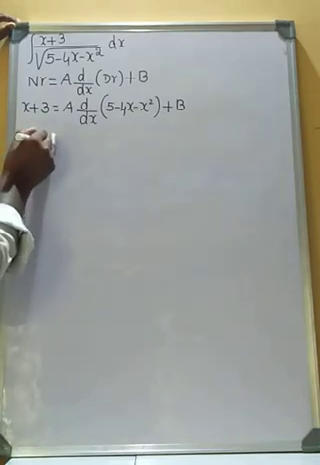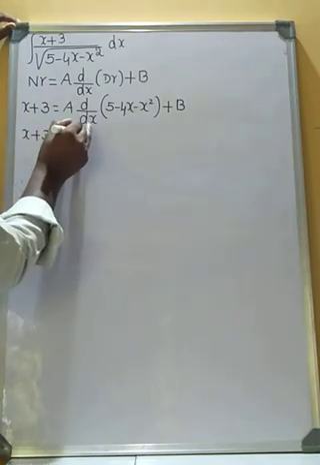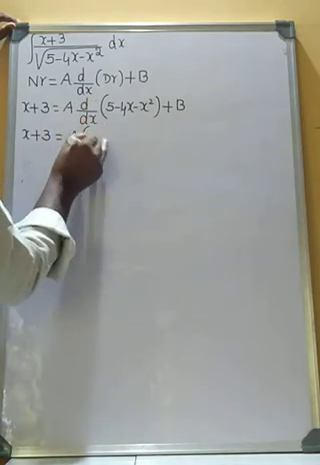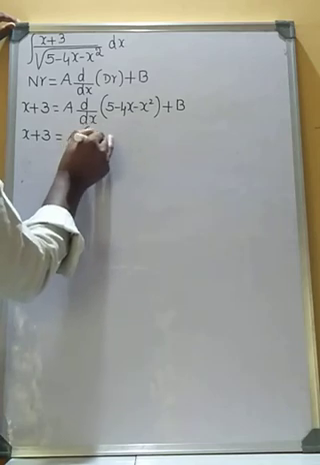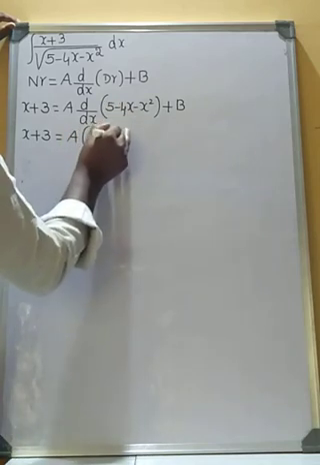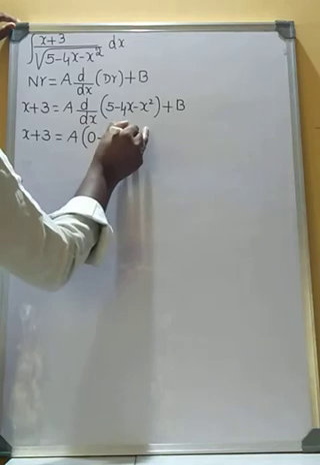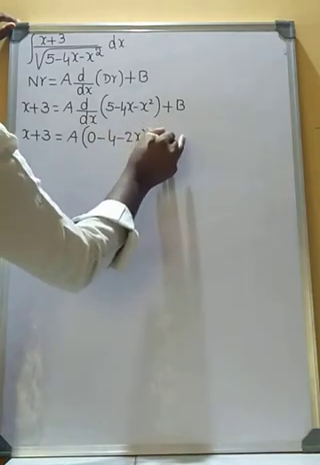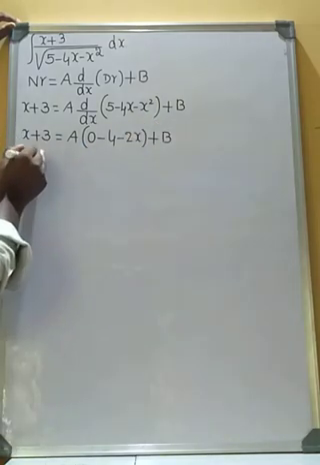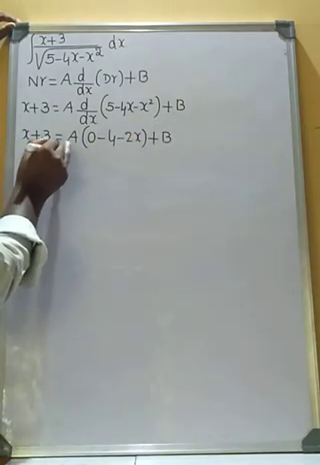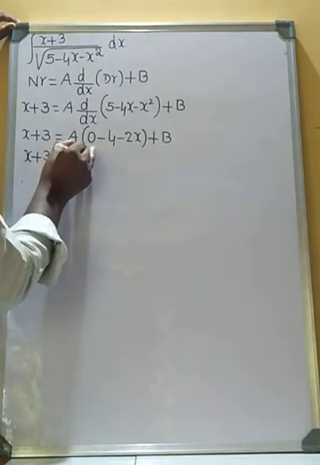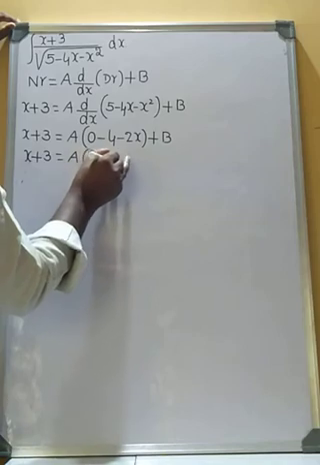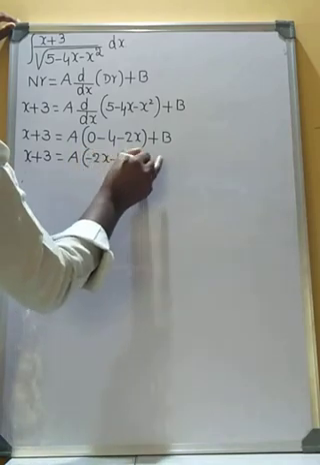Therefore x plus 3 equals a into d by dx of 5, which is a constant so 0, minus 4x gives minus 4, minus x square gives minus 2x, plus b. Therefore x plus 3 equals a into minus 2x minus 4 plus b.